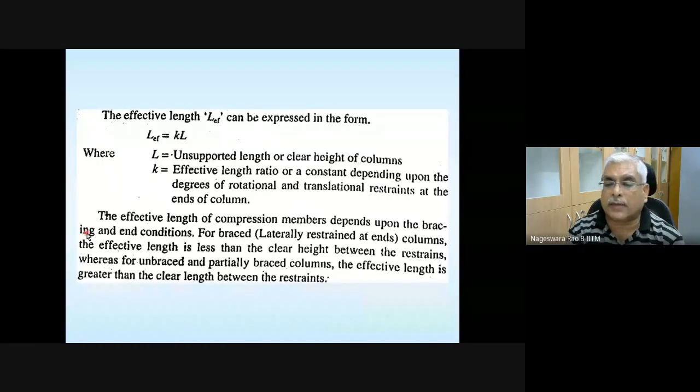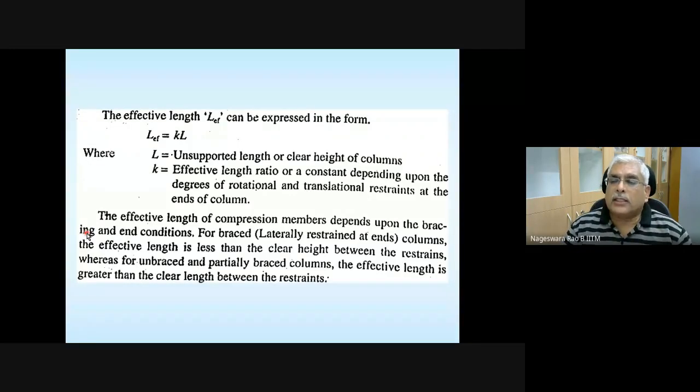Bracing in the sense of whether there are external bracings, or, depending on the framing system, whether the column undergoes sway or no sway. For braced columns, laterally restrained at ends, the effective length is less than the clear height between the restraints, whereas for an unbraced or partially braced column, the effective length is greater than the clear height between the restraints. Please make a note of this point.